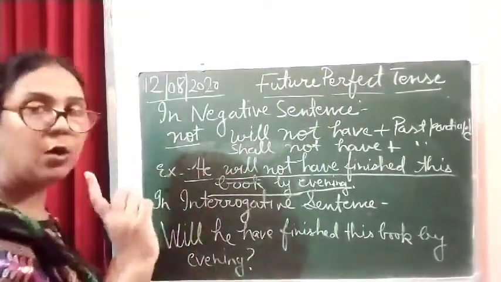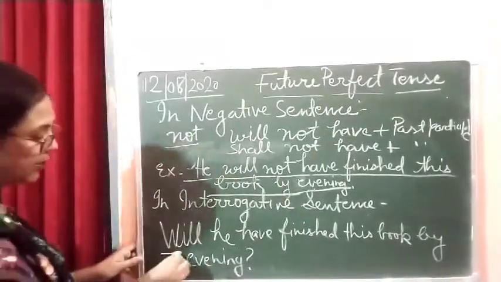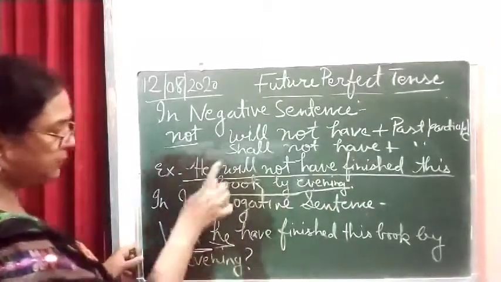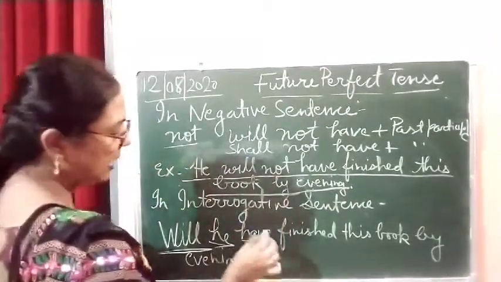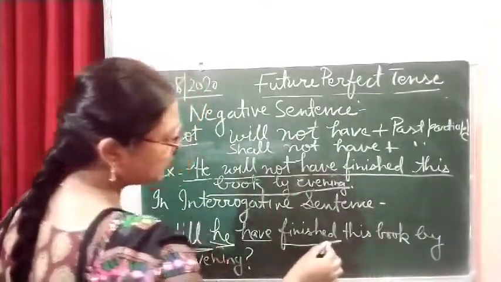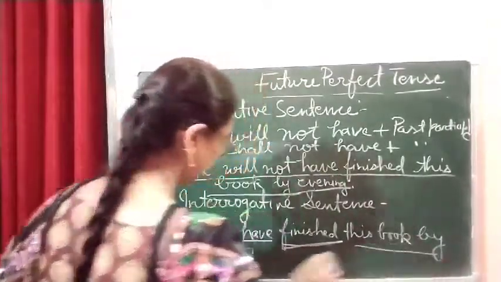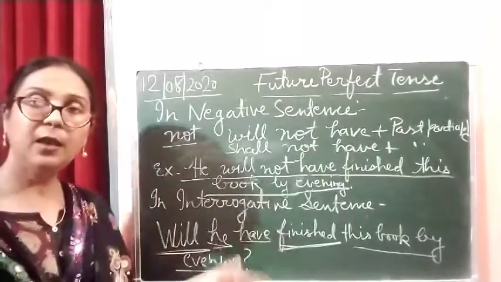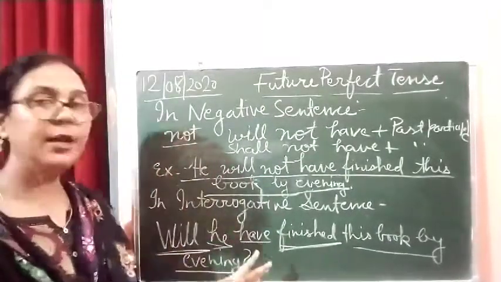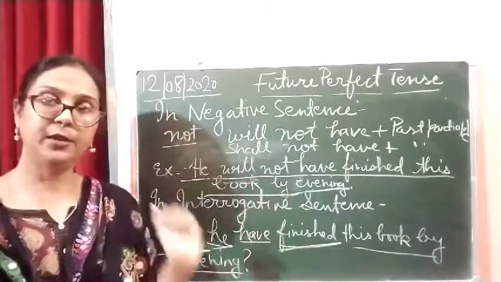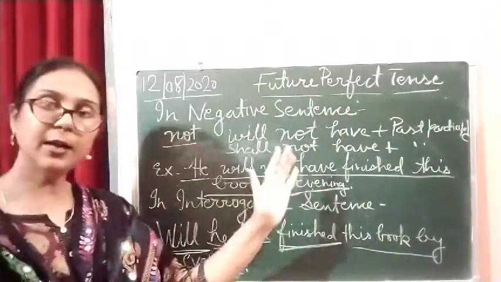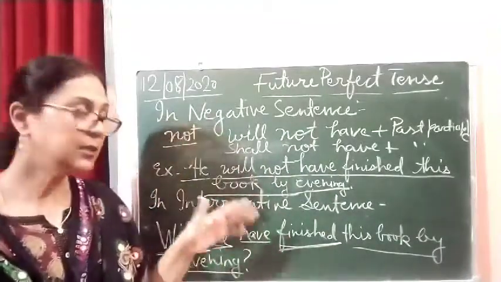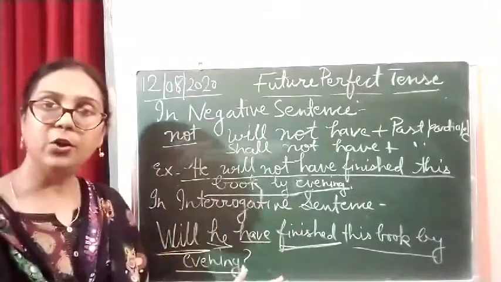Question mark. What I have done is placed will, then he, the subject of the sentence, then have, then the past participle, then the other words of the sentence. This way we can make interrogative sentences in future perfect tense. We have already learned how to make negative sentences, and now interrogative sentences.